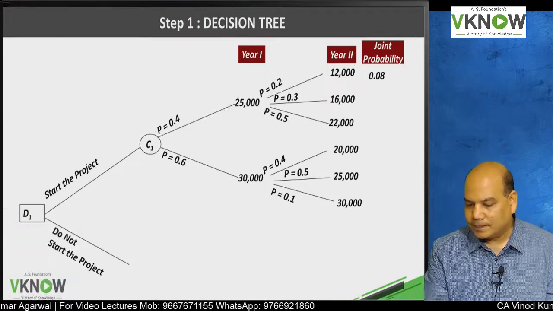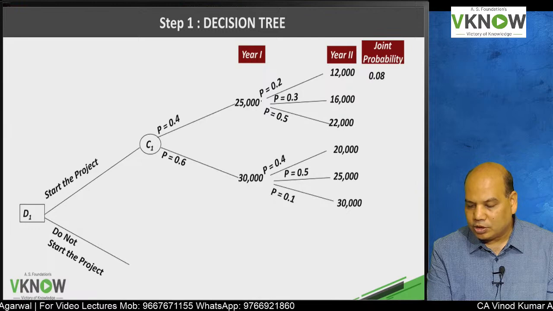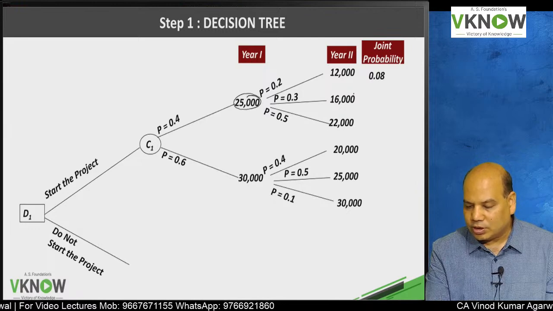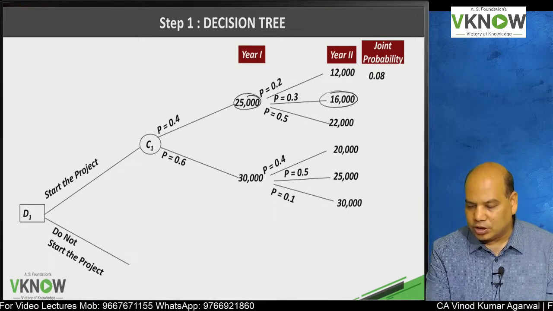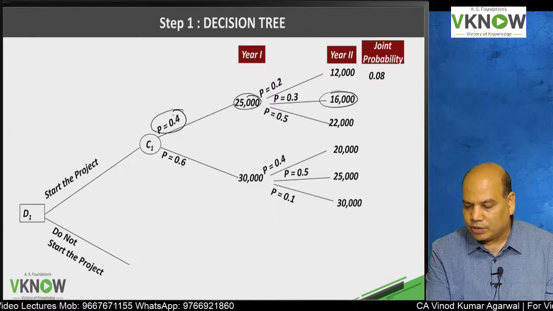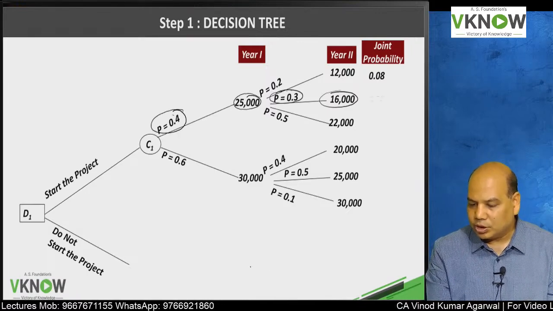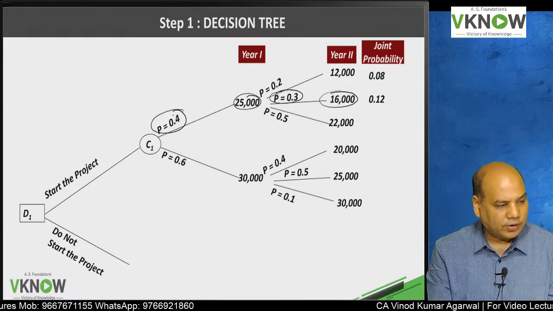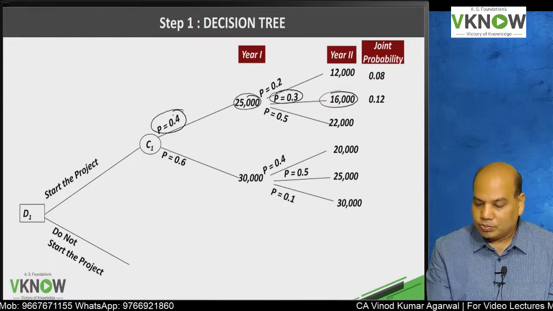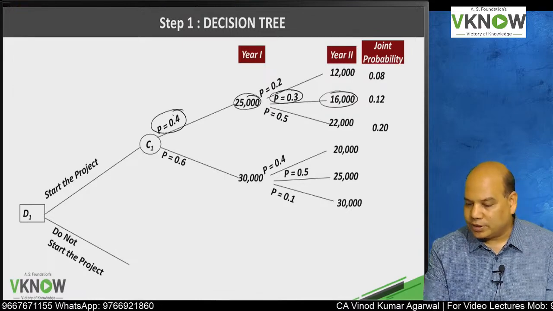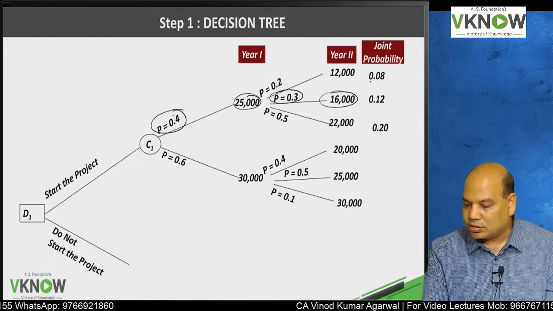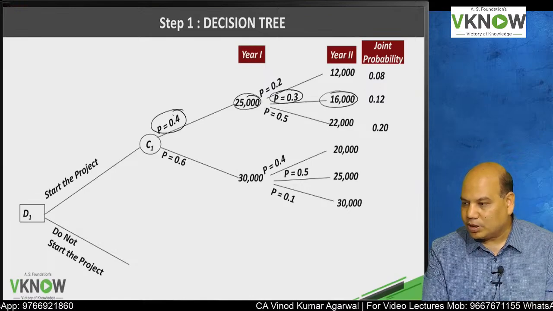Now similarly, what is the probability of getting 25,000 in year 1 and 16,000 in year 2? You will multiply 0.4 into 0.3. 0.4 into 0.3 is 0.12. Very good. Come on, next. 0.4 into 0.5, 0.20. Just write down next to this number. This should be written on the same line so that one can understand the probability.